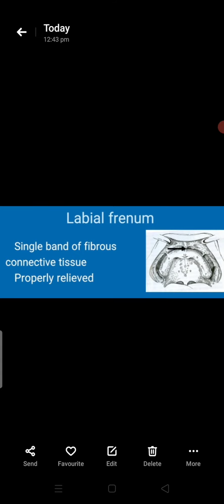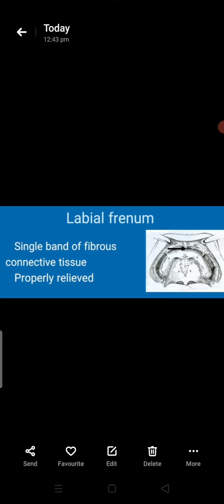First is the labial frenum. Labial frenum is a single band of fibrous connective tissue. Remember, frenum is a fibrous connective tissue band of mucous membrane, but always remember, frenum has no muscle fibers.